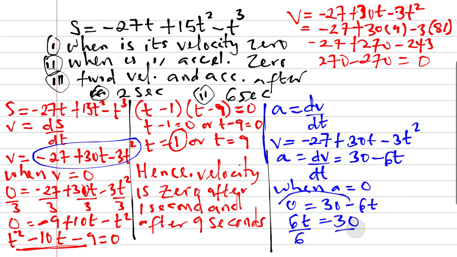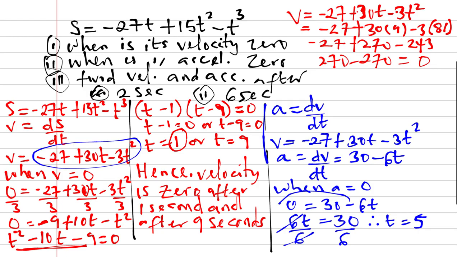Divide both sides by 6. So 6 cancels 6. That means, therefore, our t is equal to 5. Do you understand that now? T is equal to 5.